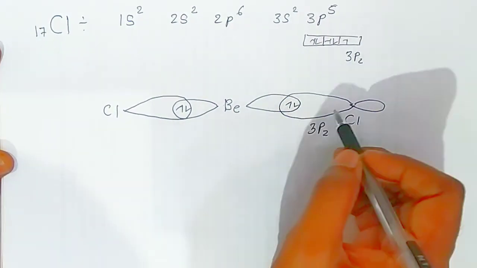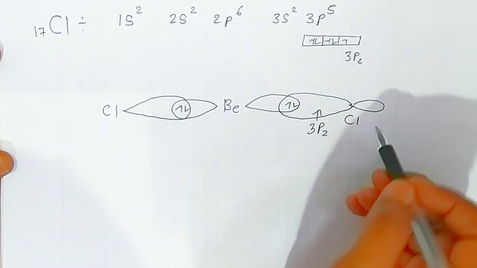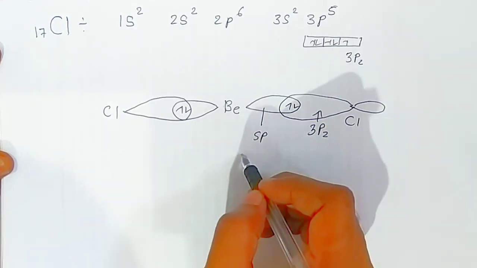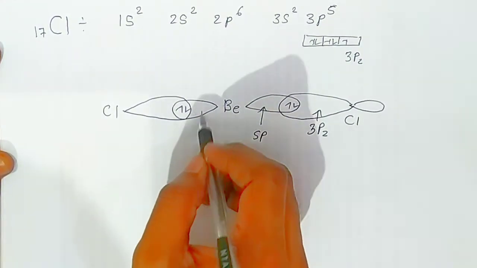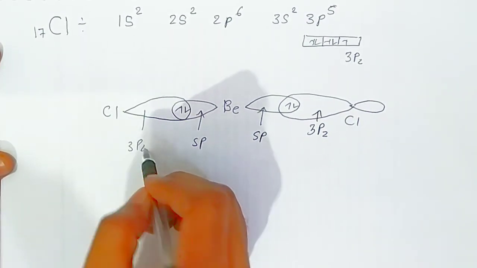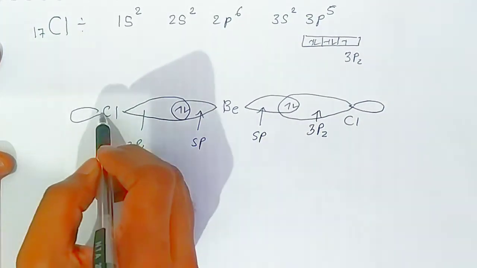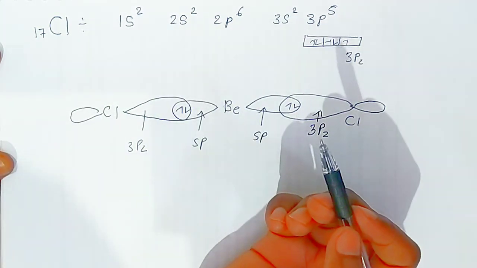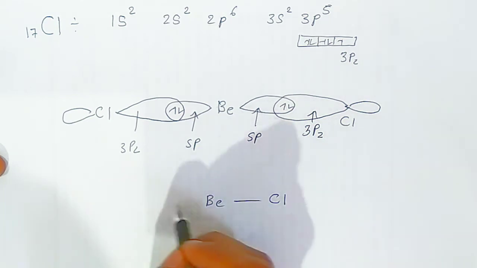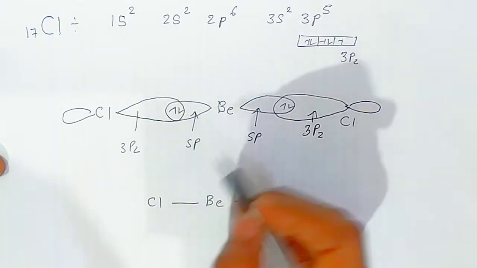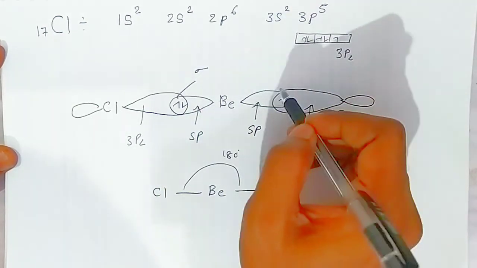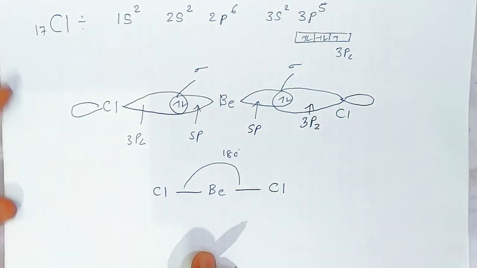These are the 3pz atomic orbitals of chlorine combining with the sp hybrid atomic orbitals, and this is the 3pz atomic orbital of chlorine. They will combine and form the beryllium chloride molecule. When you see the bond angle, it is always 180 degrees. It has 2 sigma bonds. So this is about beryllium dichloride, students.